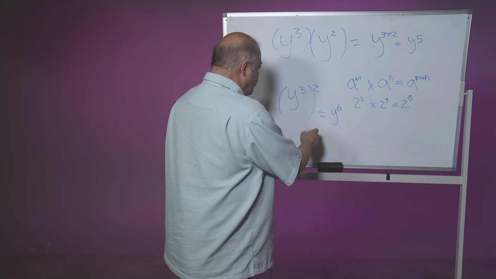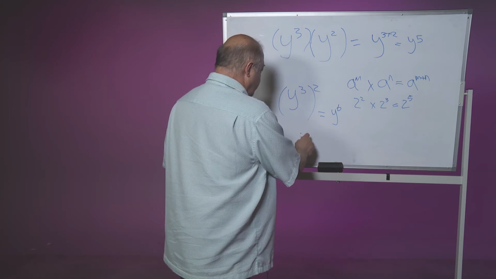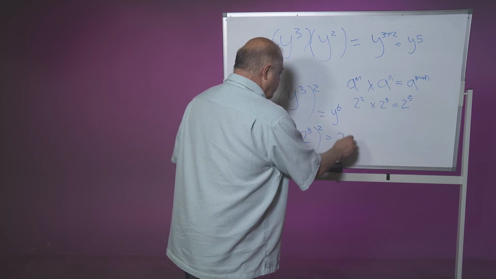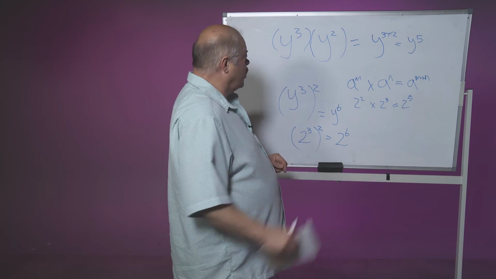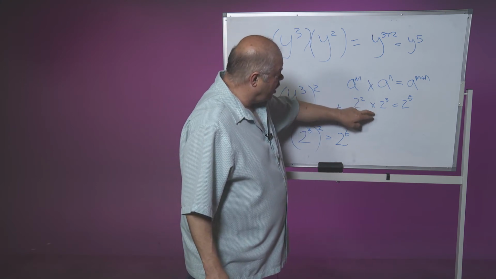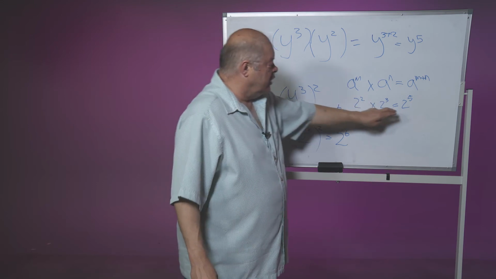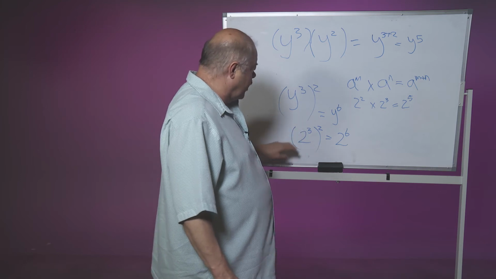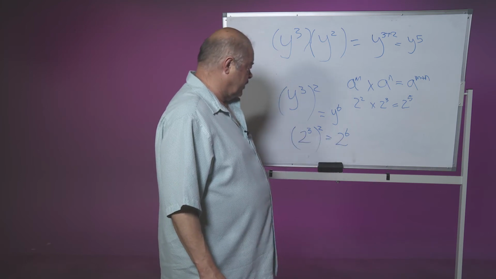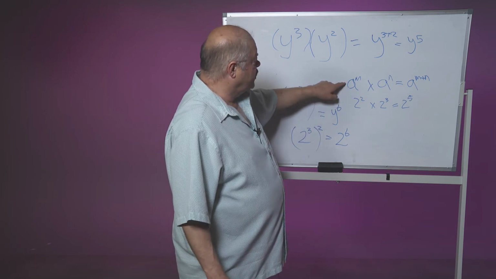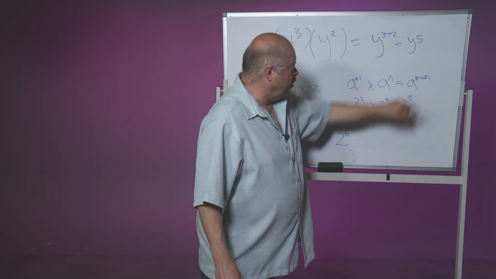Let's say y was 2 to the 3rd, and this was all squared. This would be 2 to the 6th. So it's different. Do you see how here you have 2 squared times 2 to the 3rd is 2 to the 5th? Here we have 2 to the third, and it's all squared, and that's 2 to the sixth. Because in this case, the rule is you multiply them. In the other case, the rule is you add the exponents.